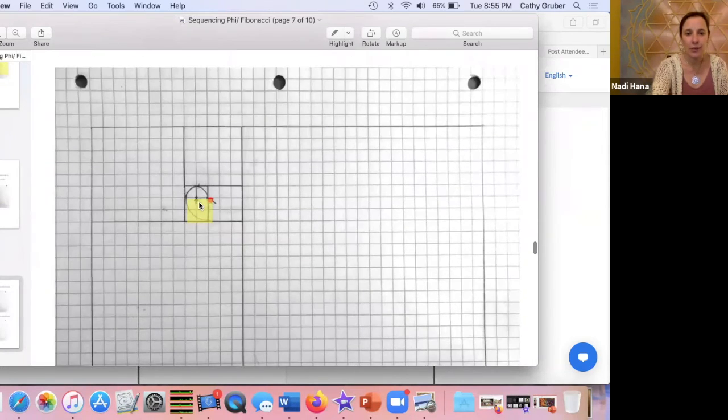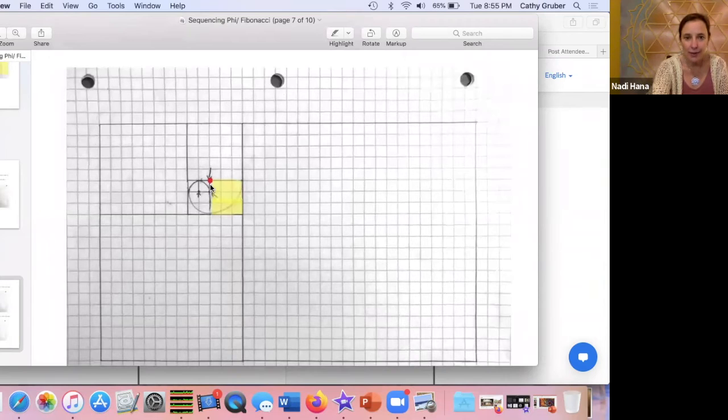Now we're going to shift the compass point to the right, and we're going to continue the arc flowing down and across to the other corner. Now you want to line up the compass with the pre-existing arc. That gives a sense of continuity and flow versus perhaps your compass point might be a little bit off and the arc isn't precisely from corner to corner. So just feel free to do that.